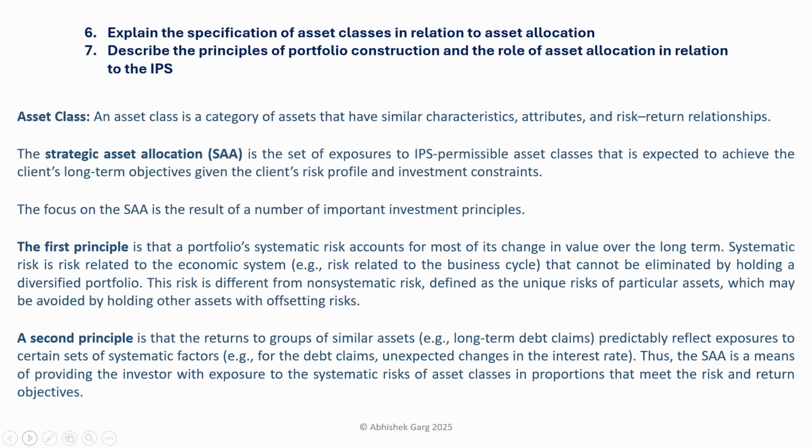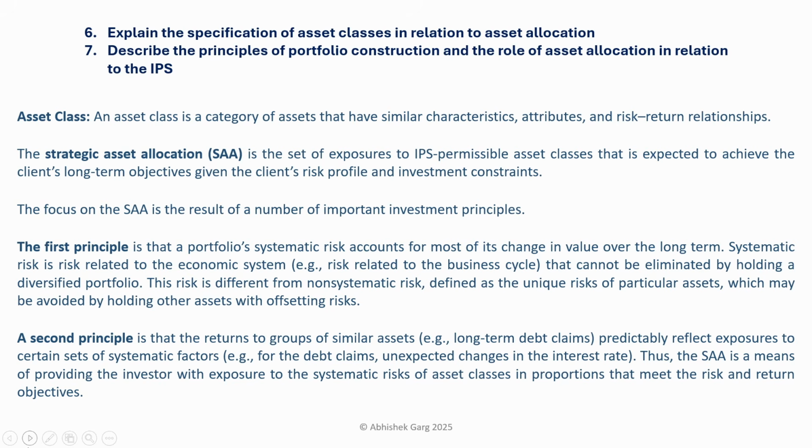The second principle says that the returns to a group of similar assets reflect exposures to a certain set of systematic factors. Now, what are systematic factors? Let's say you are investing in long-term debt. So what are the systematic factors in this case? Your systematic factors are the interest rate changes, the credit behavior, the business cycle of the economy.